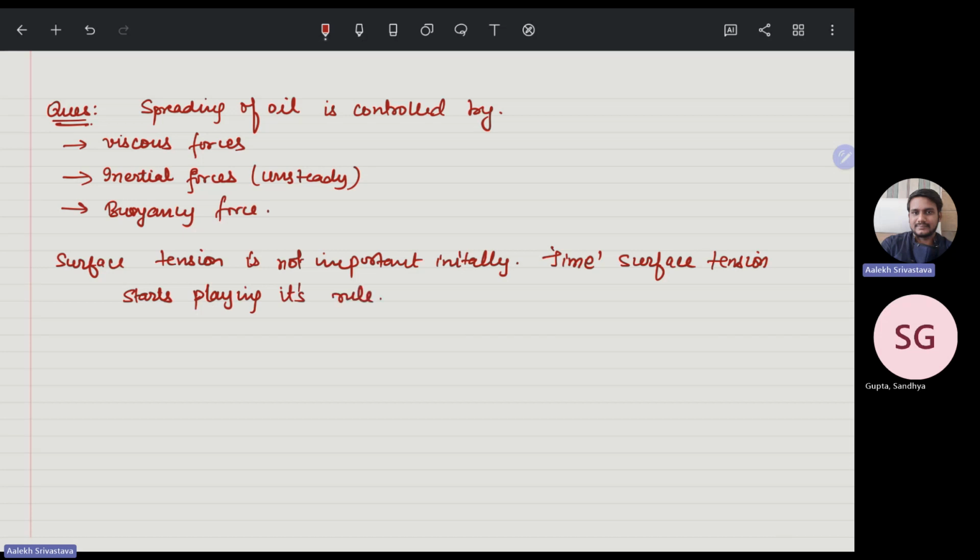So what it means is initially the viscous forces, the inertial forces, and the buoyancy forces dominate, and surface tension comes into the picture after some time. So the question is, when will it start playing its role?